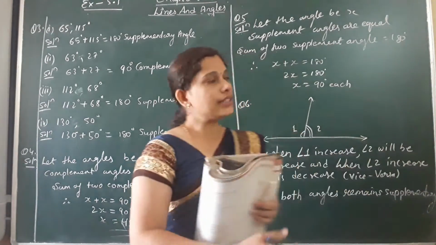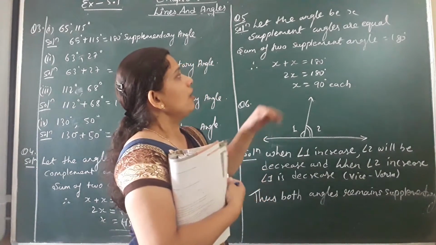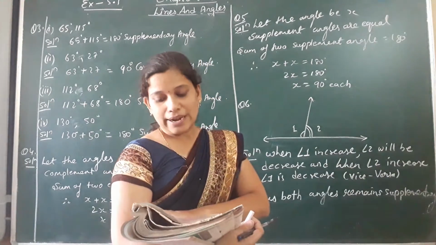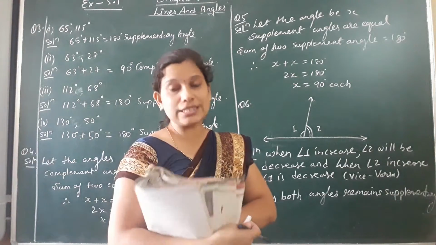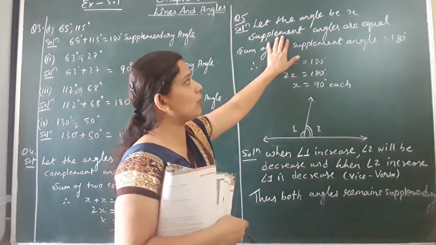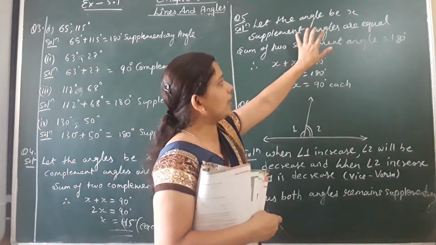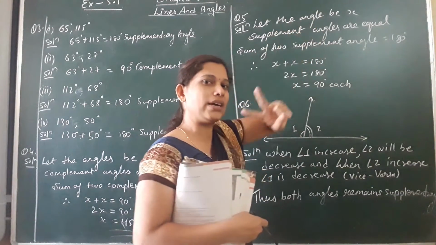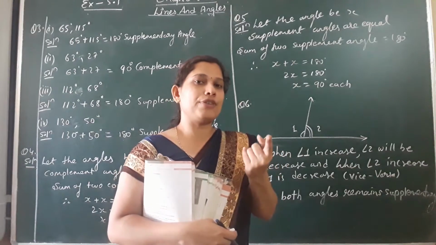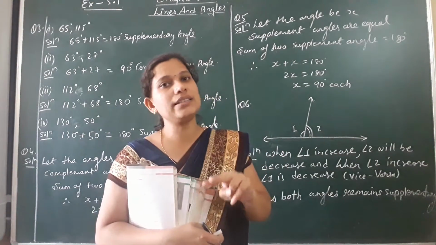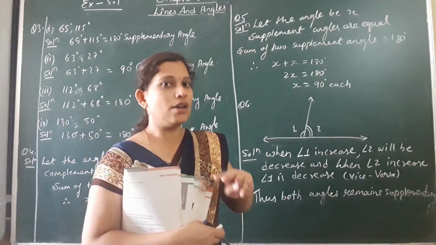Clear? Similarly, in question number 5, find the angle which is equal to its supplement. Here we are going to talk about supplements. One of the angles we consider as x, and the other angle is equal, that means if the first is x, automatically the second one will also be x. Why is it so?